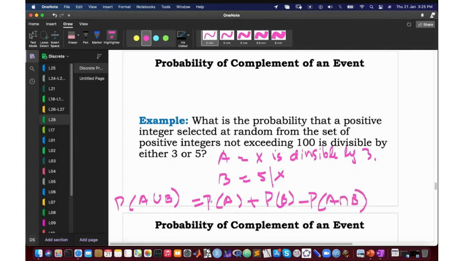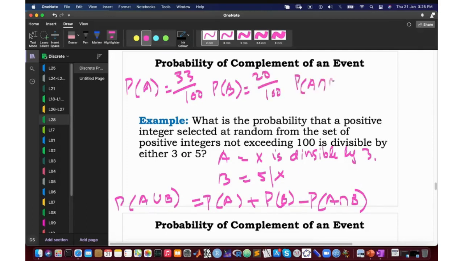What's the probability of A? It's divisible by 3, so 33 over 100. And the probability of B? 20 over 100. And the probability of A intersection B?